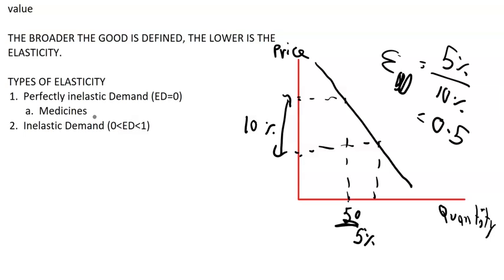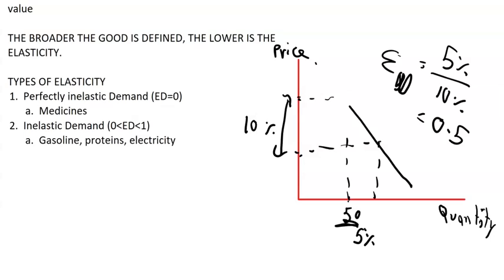These products are essentials for us because, although they're not as essential as perfectly inelastic goods, we still need them on a daily basis. Examples are gasoline, food groups like proteins, or electricity, things like that.